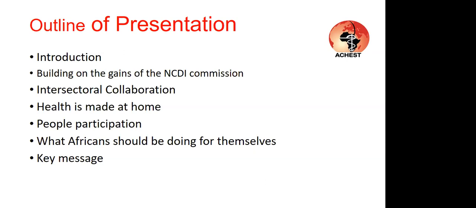I'll talk about people's participation. Yesterday, when the president was opening this conference, he talked tough about how Africans do business, that we are sleepy and so on. So I will reflect a little bit on what Africans should be doing for themselves. And I will summarize with some key messages. Next slide, please.